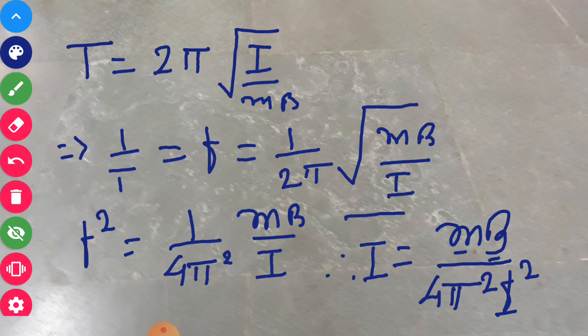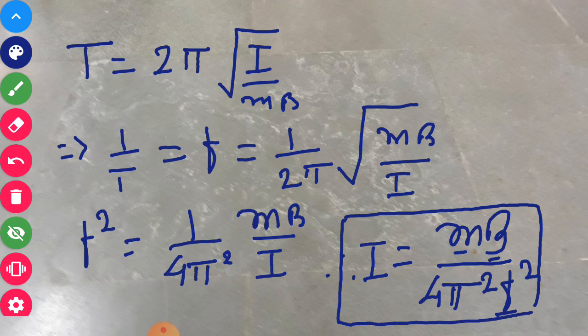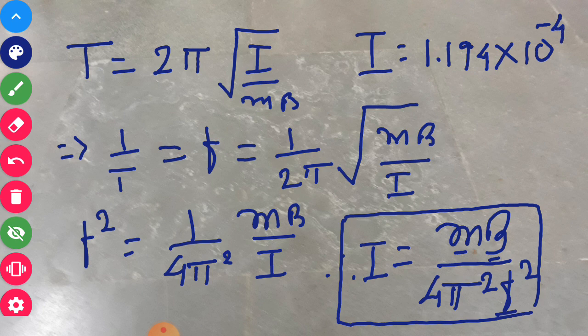So we just have to place the values in this equation, and we get the moment of inertia to be I = 1.194 × 10^-4 kg m². Okay, this will be the answer.